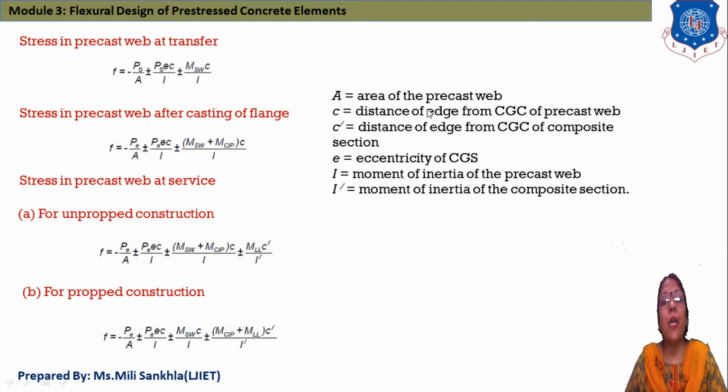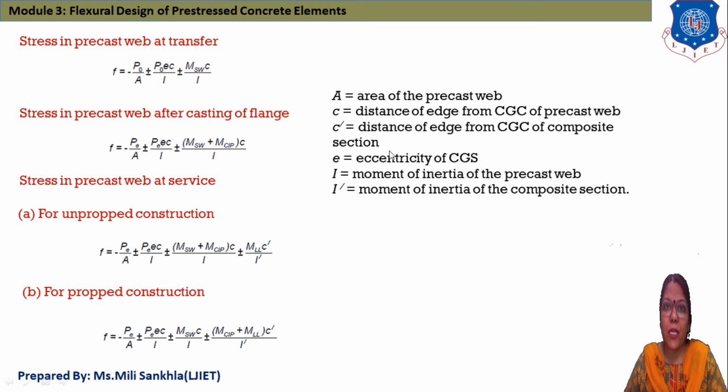A is equal to the area of the precast web, C is equal to the distance of the edge from the CGC of the precast web. C dash is the distance of the edge from the CGC of the composite section, when our section is converted into the composite section.